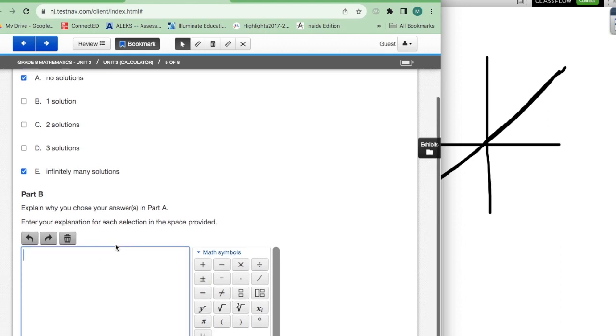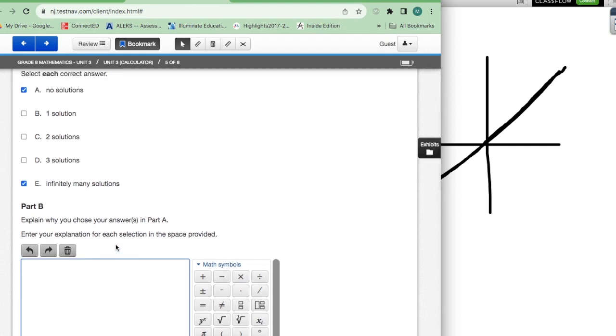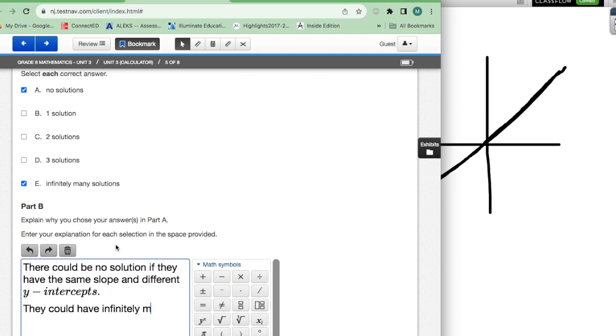So explaining each selection, so we could say there could be no solution if they have the same slope and different y-intercepts. And then we could also say they could have infinitely many solutions if they have the same slope and the same y-intercept.